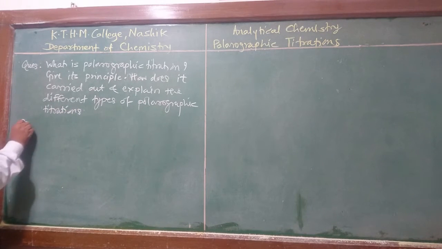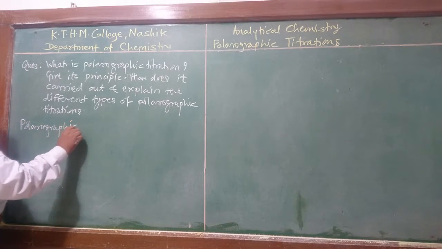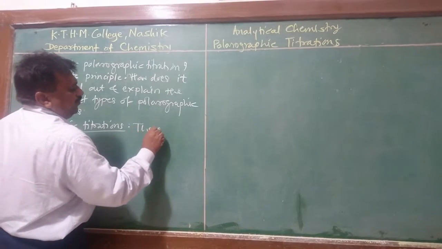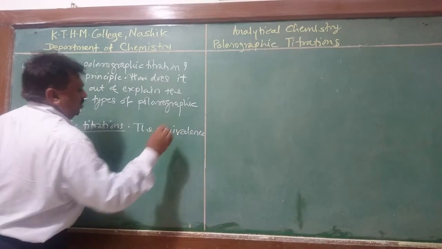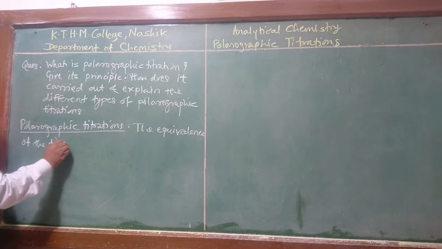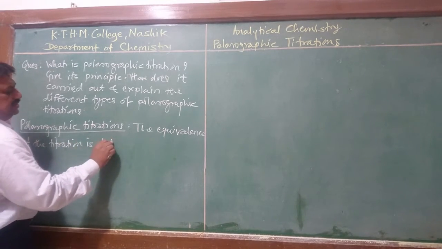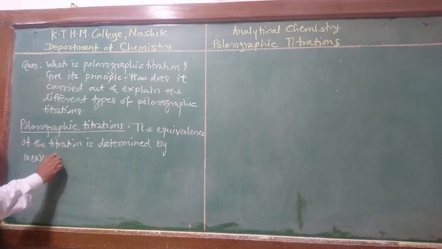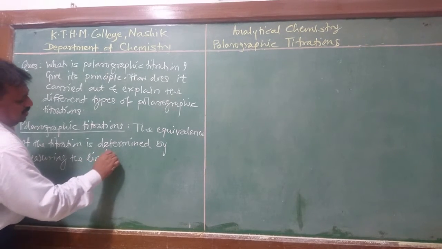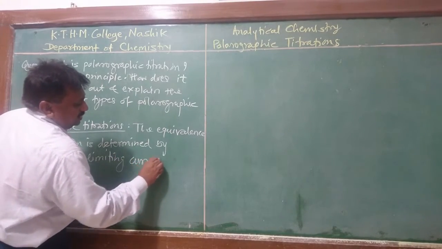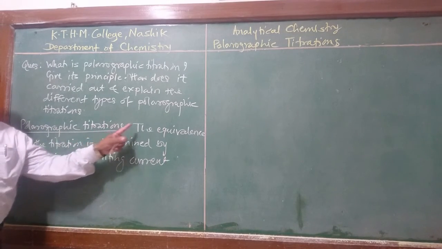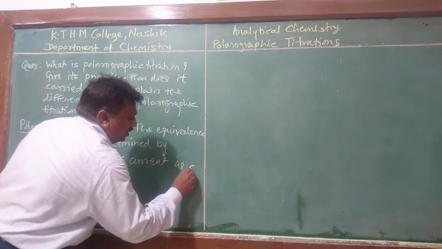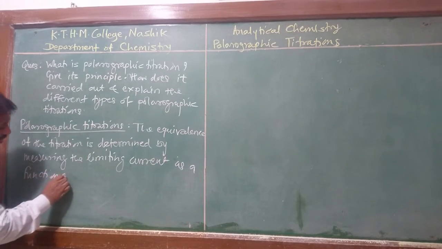Student, polarographic titrations are those titrations in which the equivalence point of the titration is determined by measuring the limiting current as a function of addition of titrant.